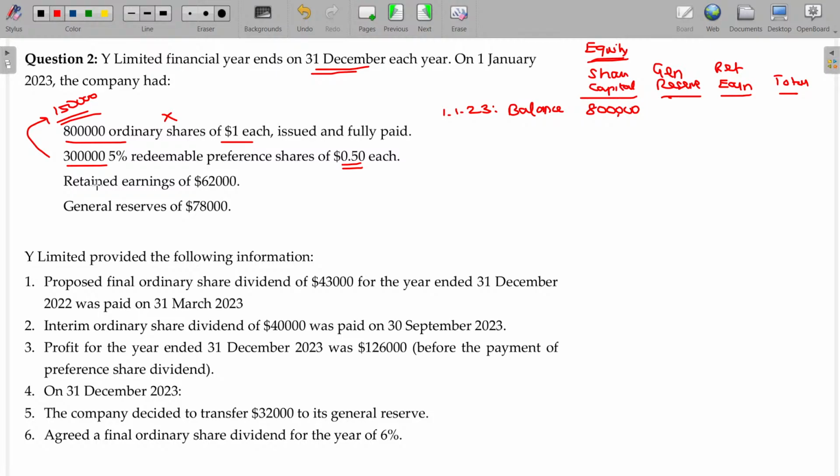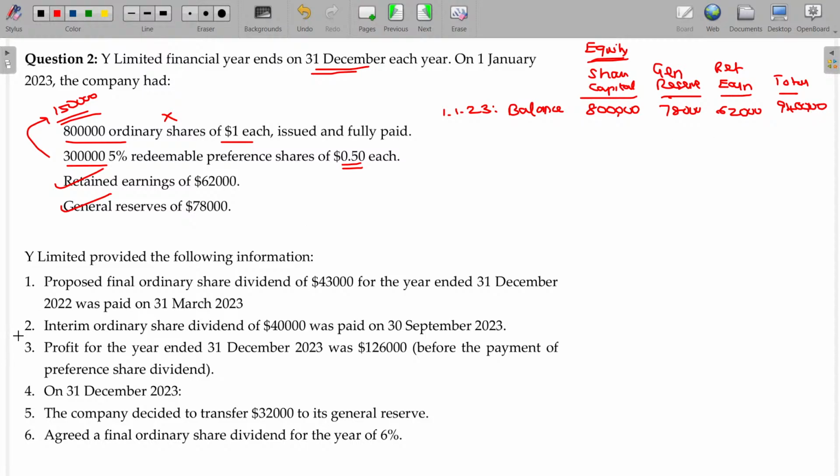Now, retained earnings $62,000, general reserve 78,000. Then overall total being 9,40,000.